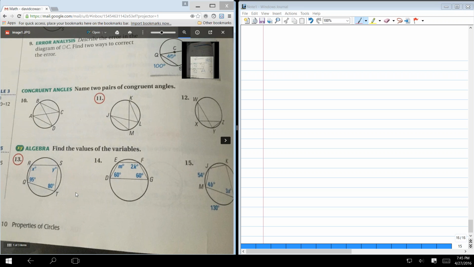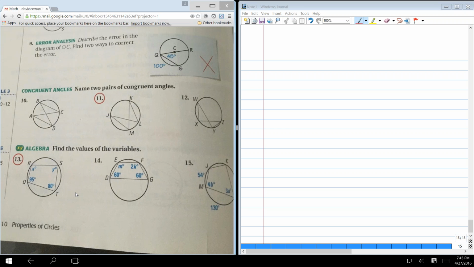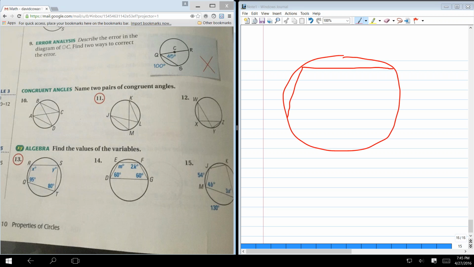Number 13. Let's draw 13. It's a quadrilateral. It's not a rectangle or anything other than just a quadrilateral.